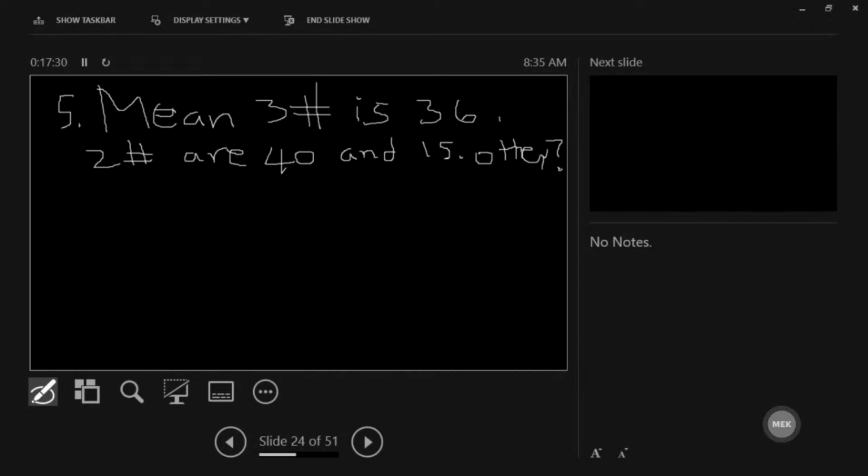The mean of three numbers is 36. Two of the numbers are 40 and 15. What is the other number? Najara is saying subtract.